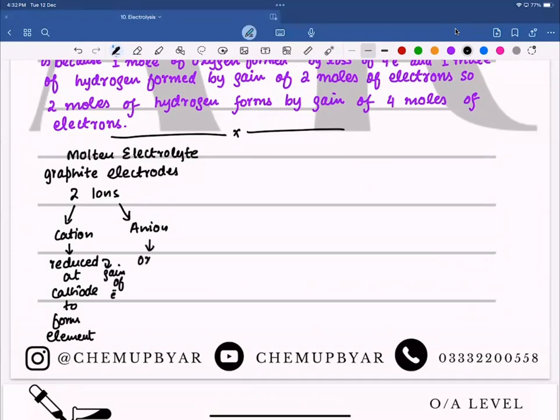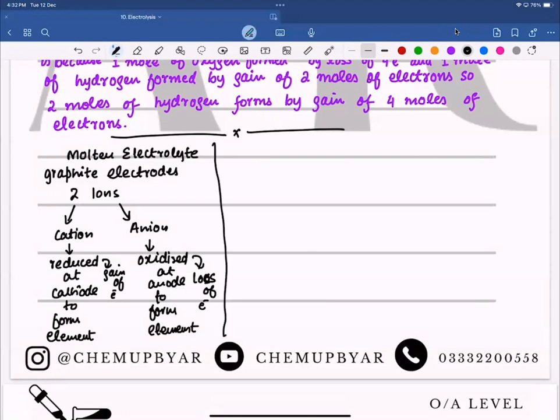Anion is oxidized at the anode to form an element, and oxidized means loss of electrons. Okay, so this was the first case.